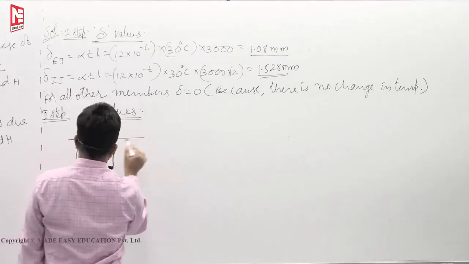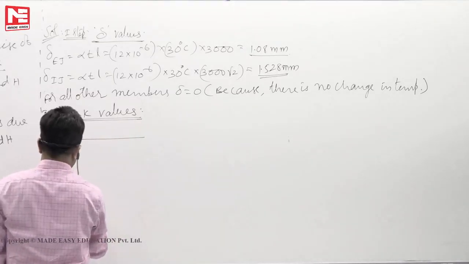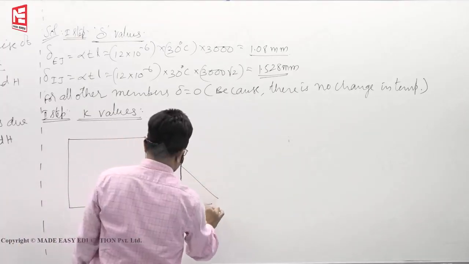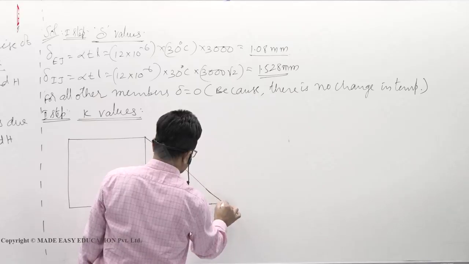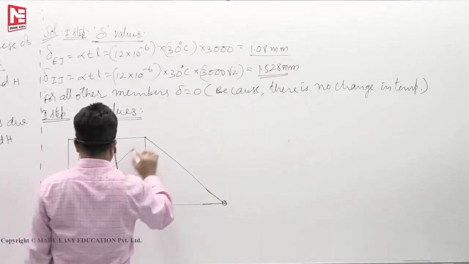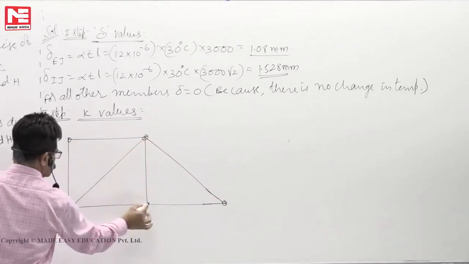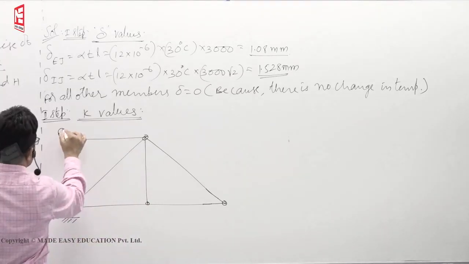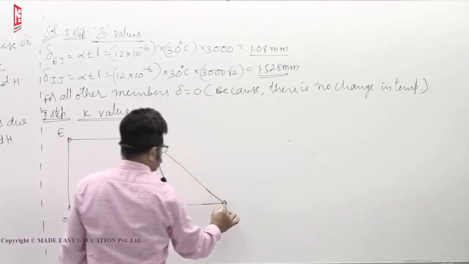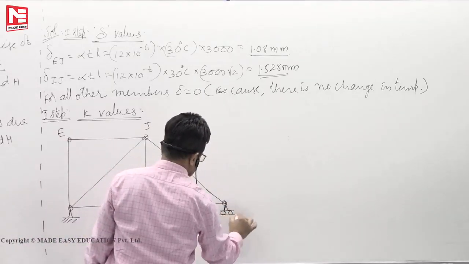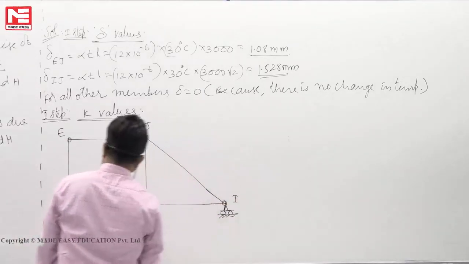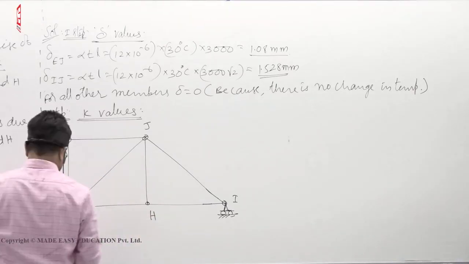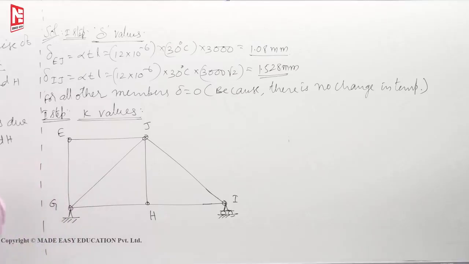Now you see, this is the truss. E, J, I, G, H. Then 45 degrees angle also we know.